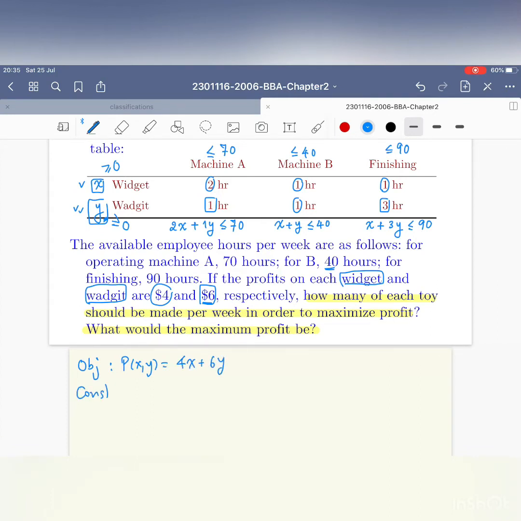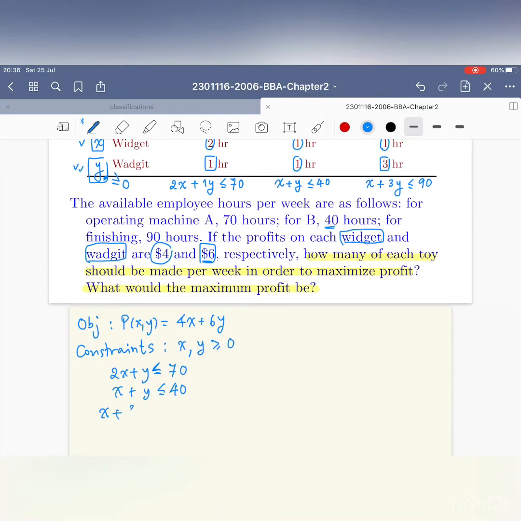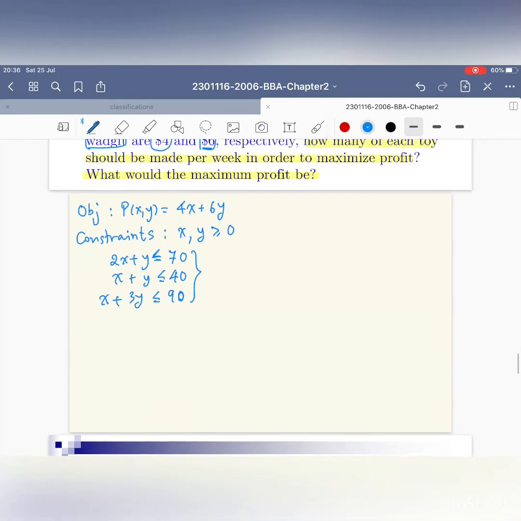The constraints: of course X and Y must be non-negative, 2X plus Y is less than or equal to 70, X plus Y is less than or equal to 40, and X plus 3Y is less than or equal to 90. So you are going to draw all these inequalities and find the feasible region.